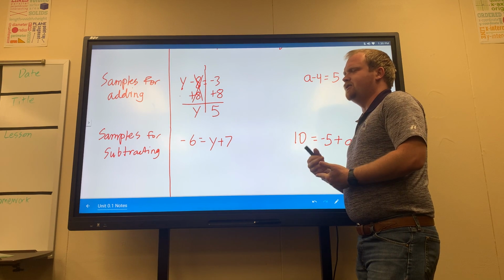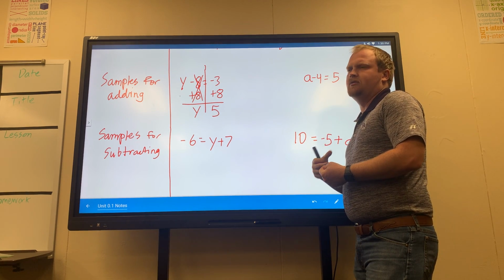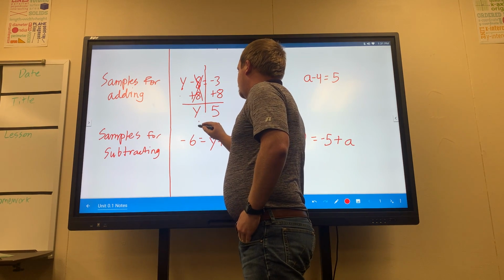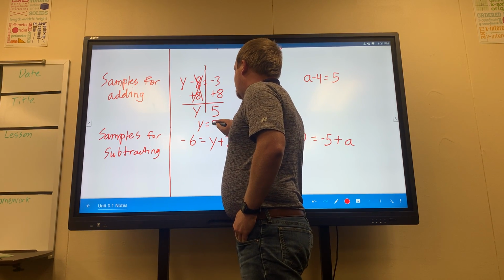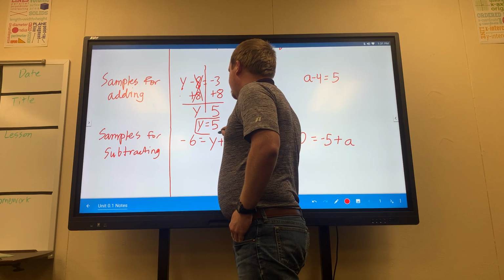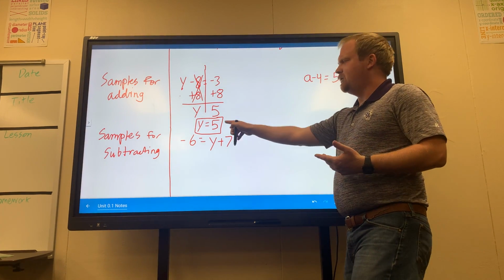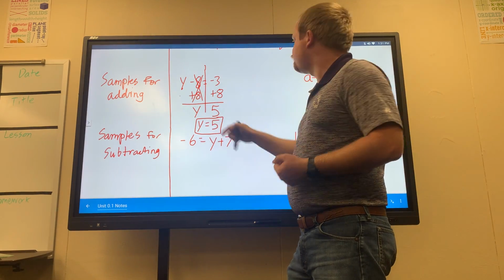So you add 3 to the negative 3 to get 0, and you have 5 remaining. So I'm going to get a value of y equals positive 5. So my y value is going to be positive 5.